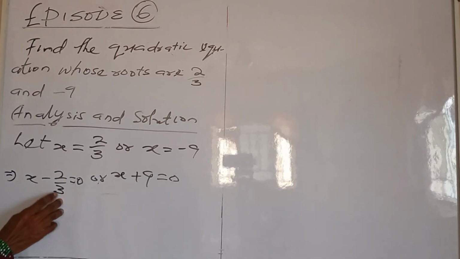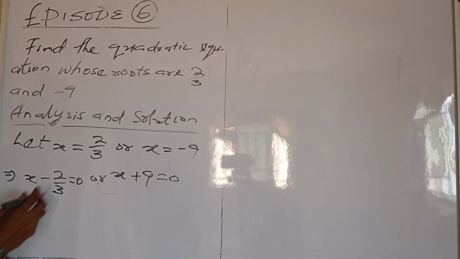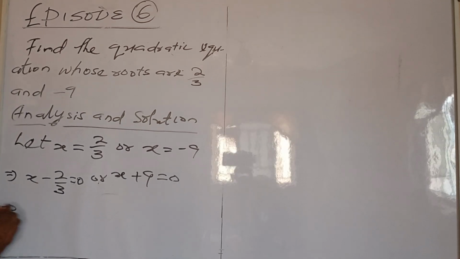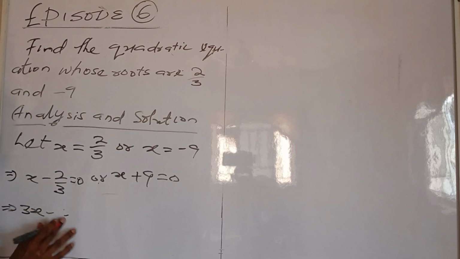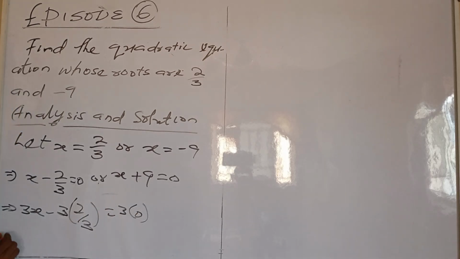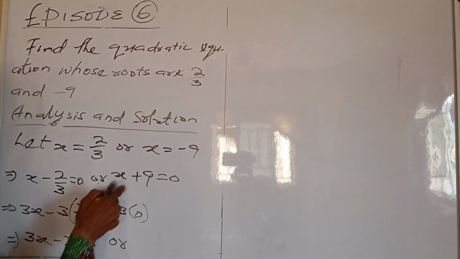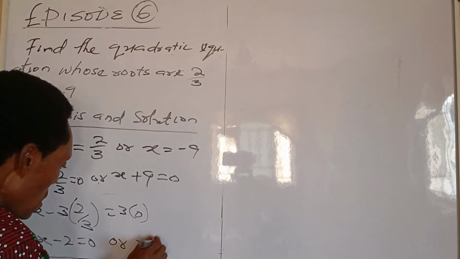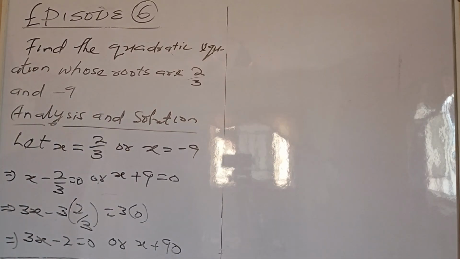As it stands here, use 3 to multiply through. Which implies 3x minus 3 times 2 over 3 equals 3 times 0. So which implies 3x minus 2 equals 0.